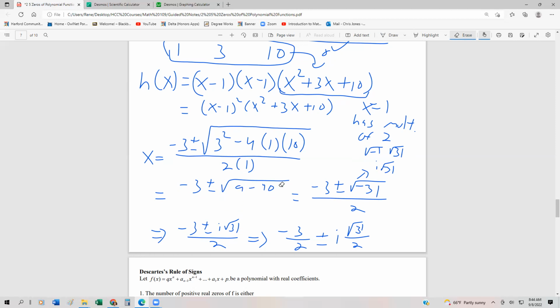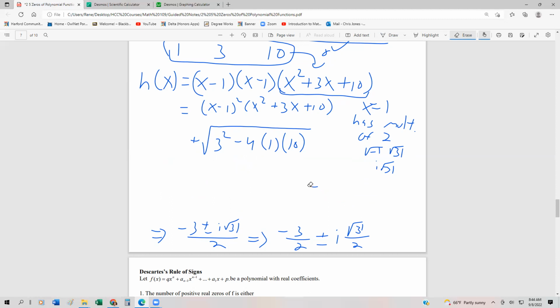Okay, so let me erase this just so we have some room in here. All right, and I'll write out our 4 solutions, and then we could check that to see what it means on the graph of the function. Right, so our 4 solutions are going to be x equals 1, x equals 1, x equals -3 halves plus i root 31 over 2.